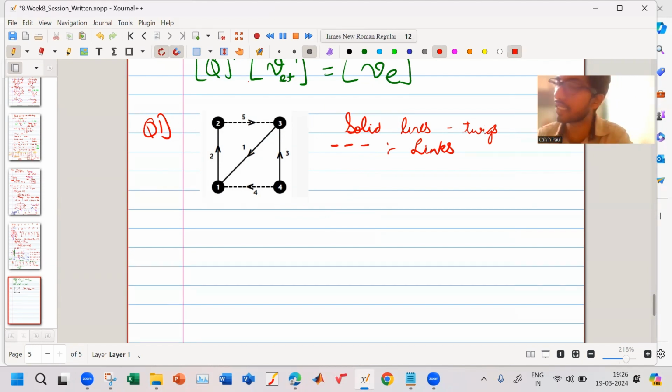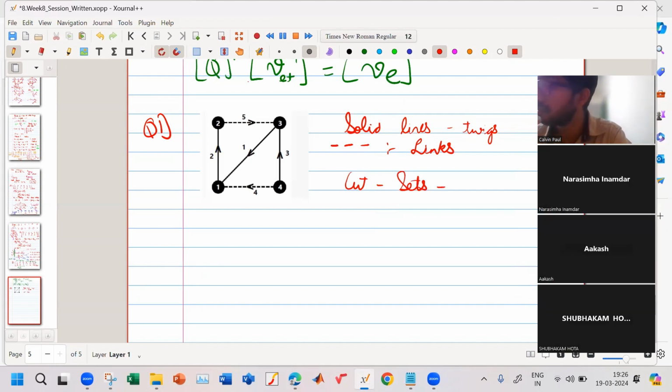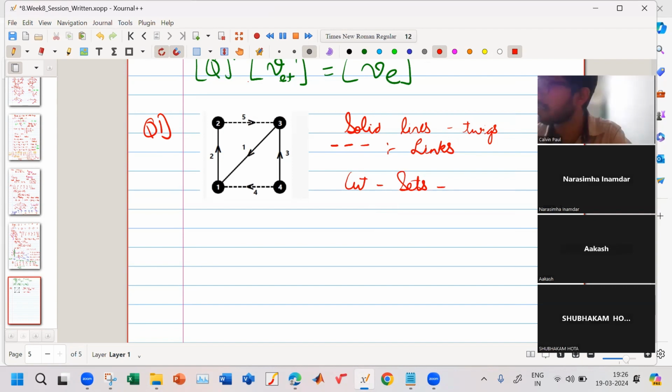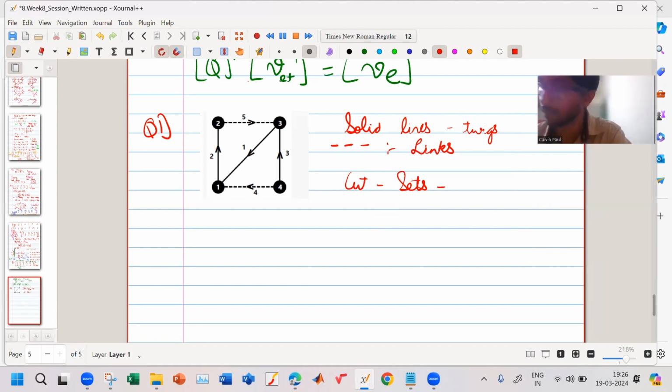What will be the cut sets? How many cut sets will be there? 2, sir. At node 2, branches 2 and 5, and at node 4, branches 3 and 4.